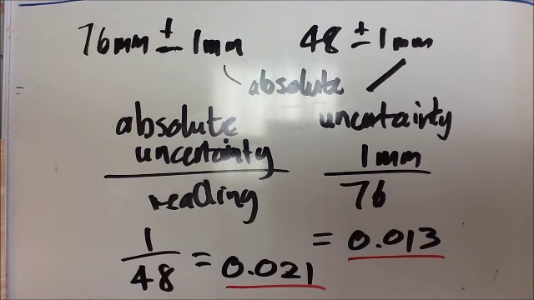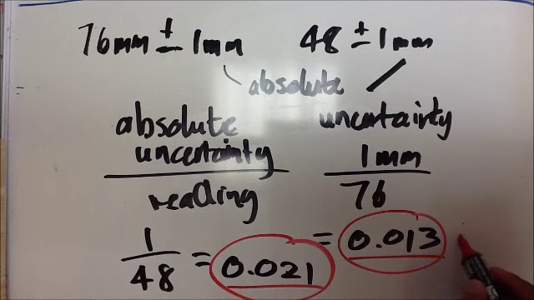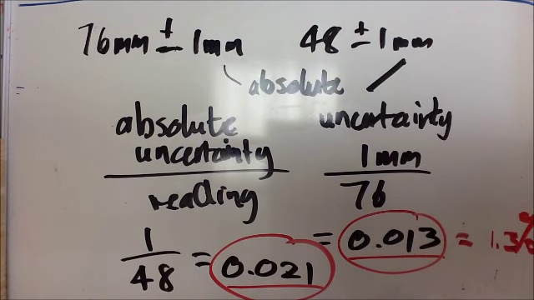Percentage uncertainty, therefore, is just this value expressed as a percentage. So that therefore is 1.3%, and that therefore is 2.1%. So absolute uncertainty, relative uncertainty, and percentage uncertainty.